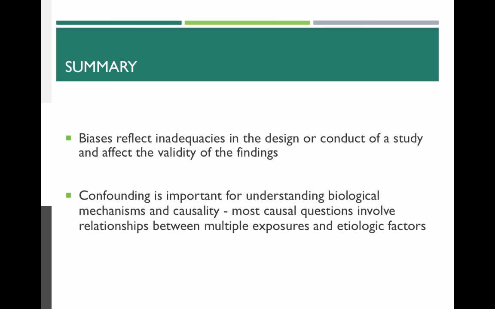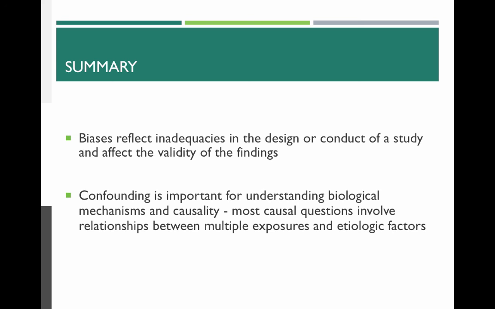So just to sum up, biases reflect inadequacies in the design or conduct of a study. Biases need to be addressed and they need to be eliminated. On the other hand, confounding reflects a real association between different factors in a certain outcome.